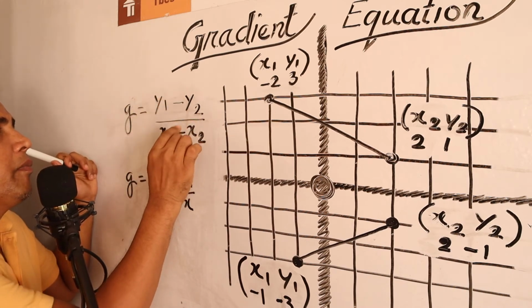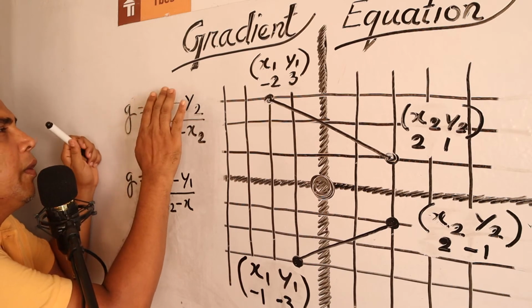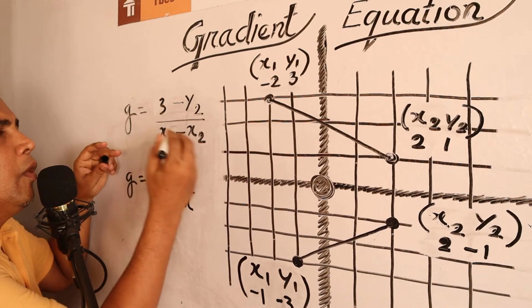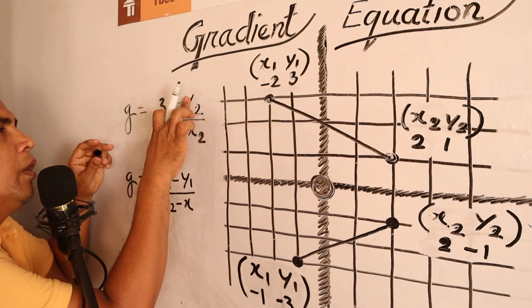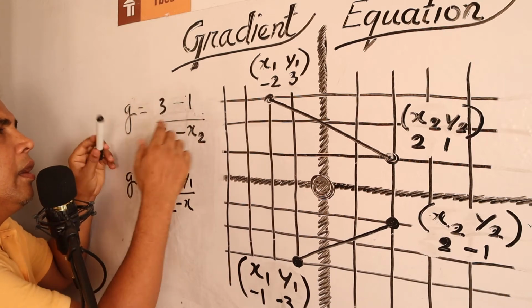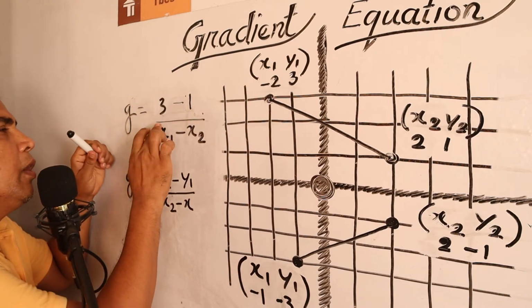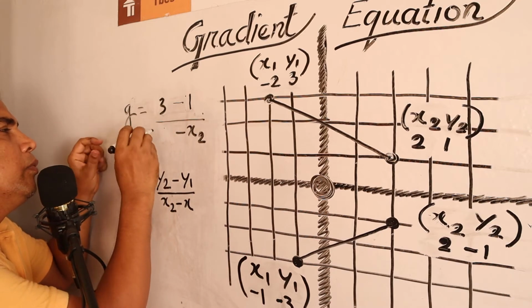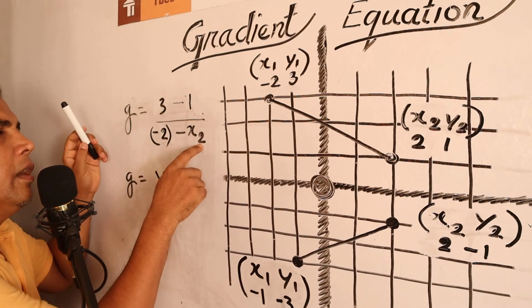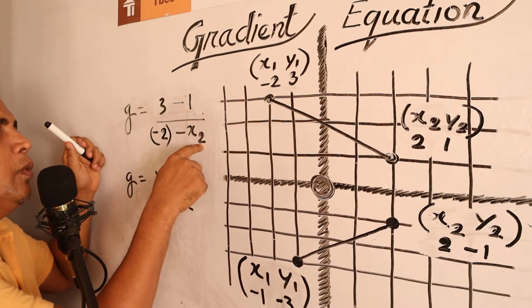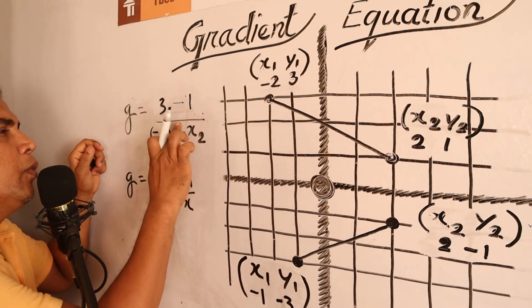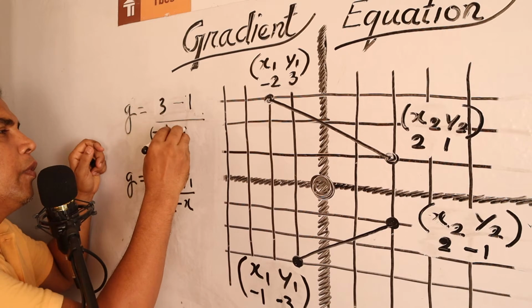Now we are putting in the values. y1 is equal to 3, y2 is equal to 1, x1 is equal to minus 2, and x2 is equal to 2.